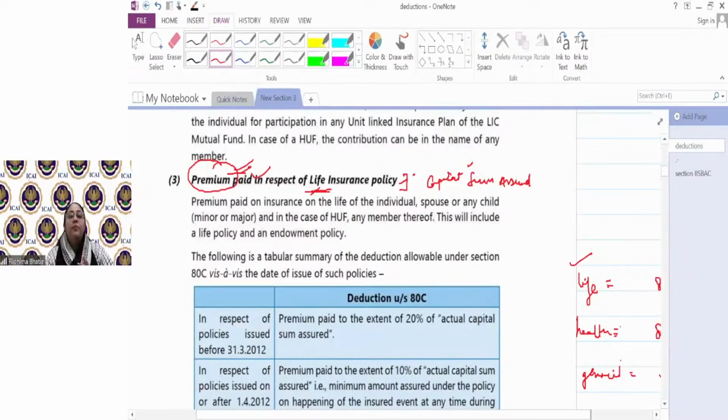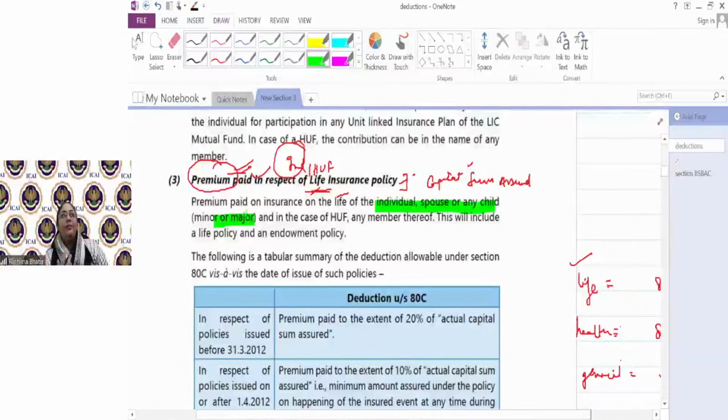Okay. But ma'am, we understood that there is a life insurance policy for the insurance of life. Who is making those contributions? Either the individual or the HUF. So an individual can take the policy in his name, his spouse's name, or his child's name, whether dependent or not.